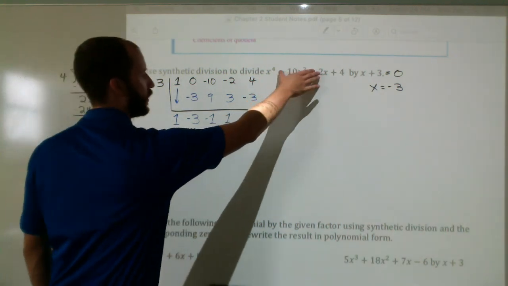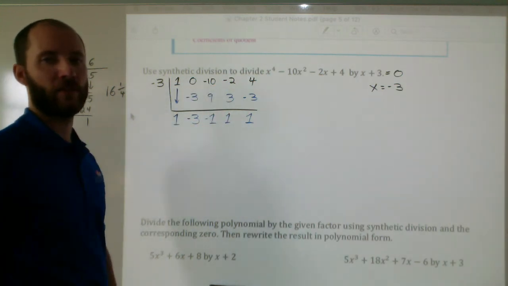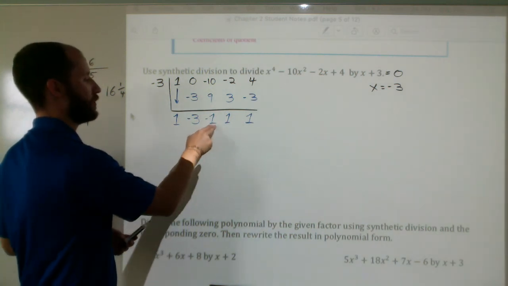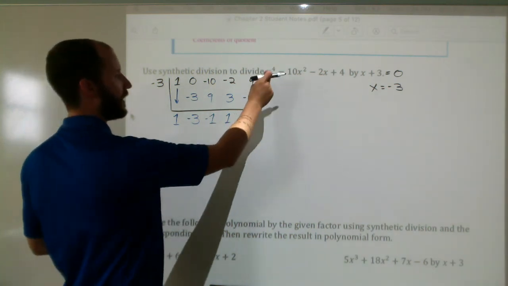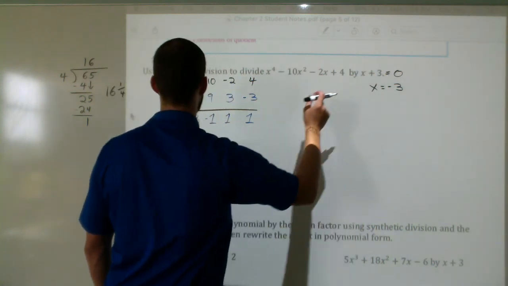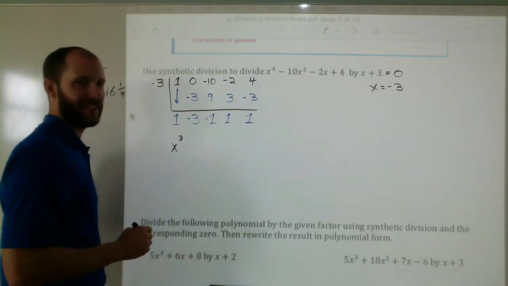So we did this conversion to synthetic. We got our answer. Now we need to convert back. Each of these numbers represents a specific term. Well, we had a quartic. We divided by x to the first, which means our result will be x to the third.